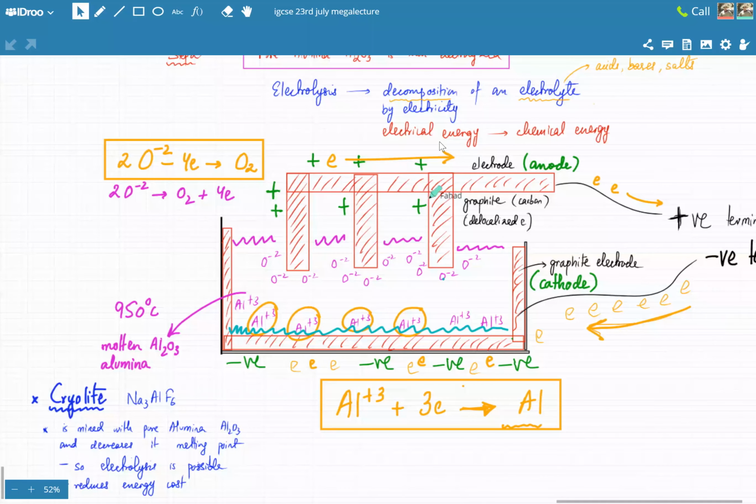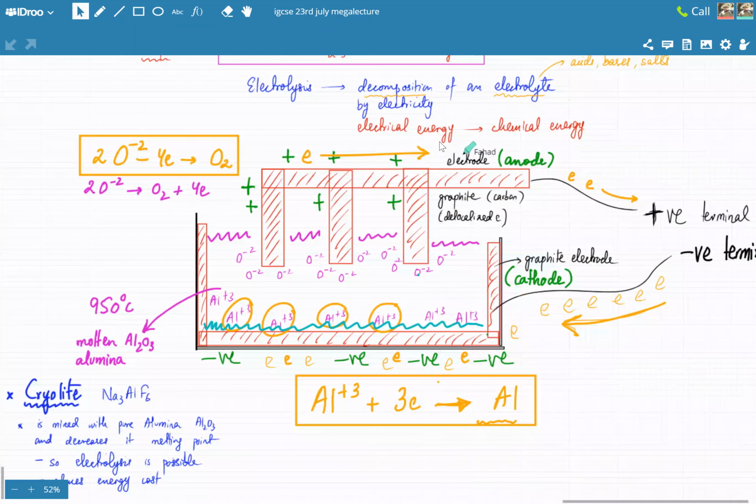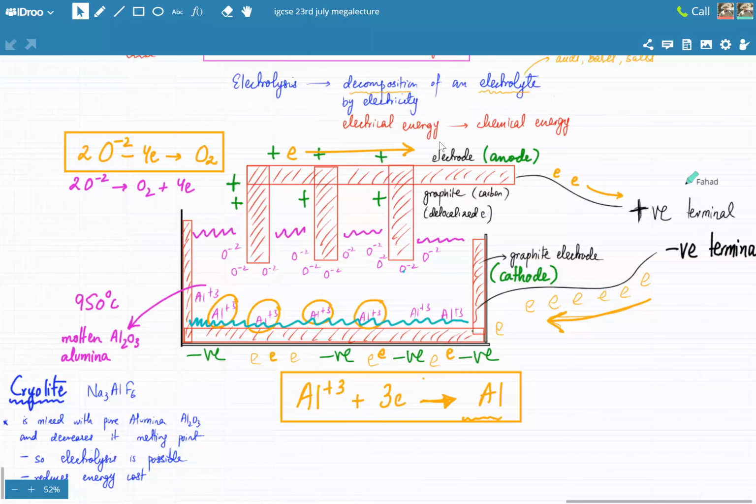So one of the terminals, this comb-like structure, was connected to the battery's positive terminal. The positive terminal attracts negative ions, because positive attracts negative. So all the negative ions are going to go and stick to this comb-like structure.